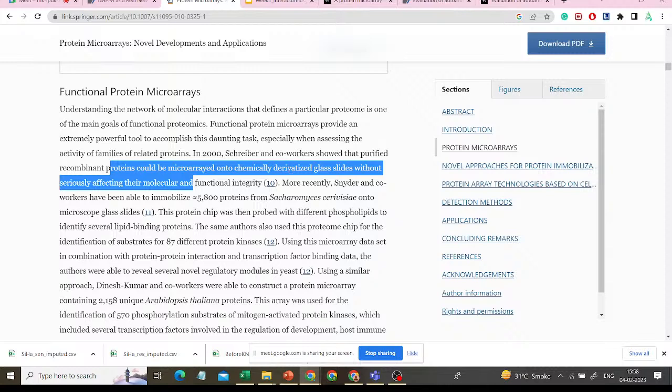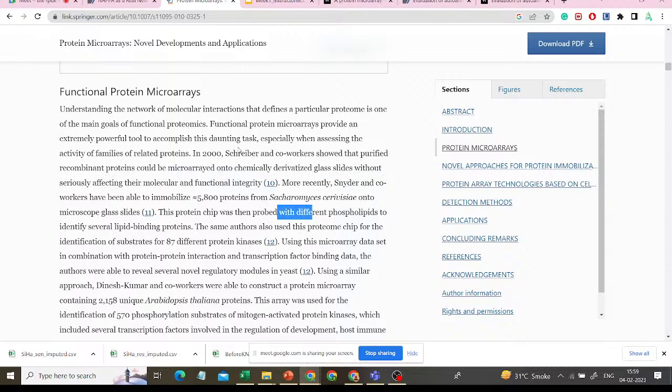One important thing to understand for protein function is that if you want to assess the functional part of proteins, you cannot affect their molecular structure or functional structure. Okay, so these are the different beginnings of how protein microarrays were developed.